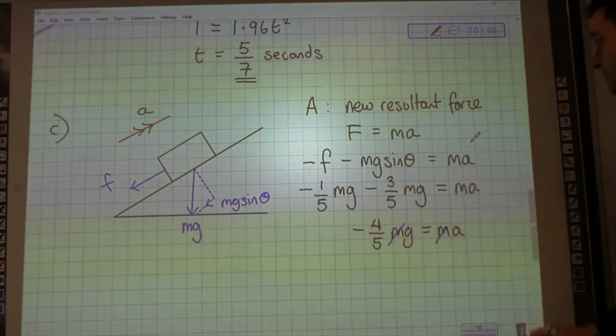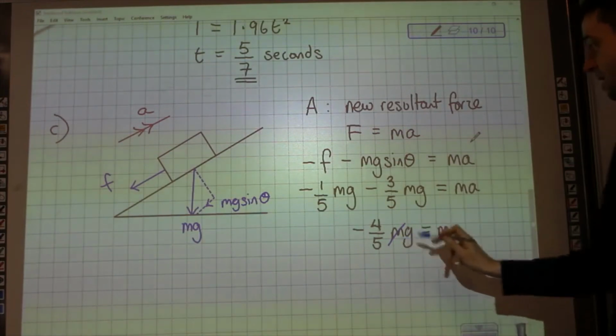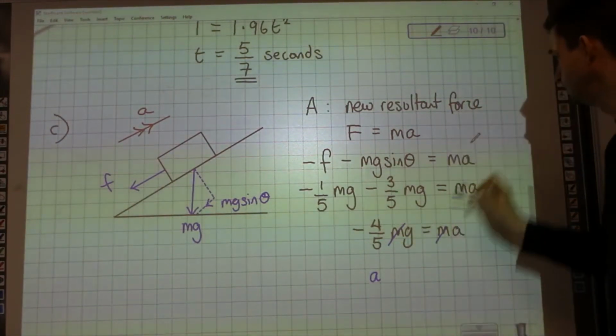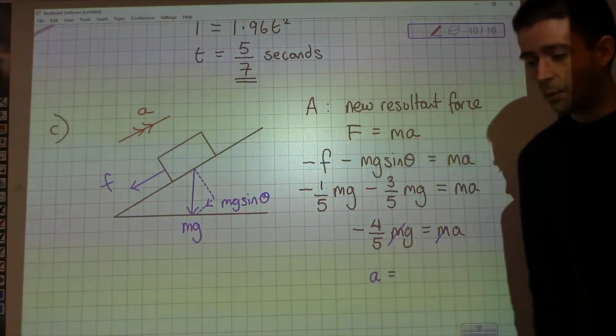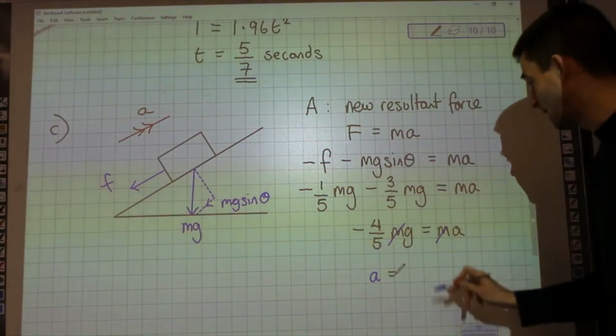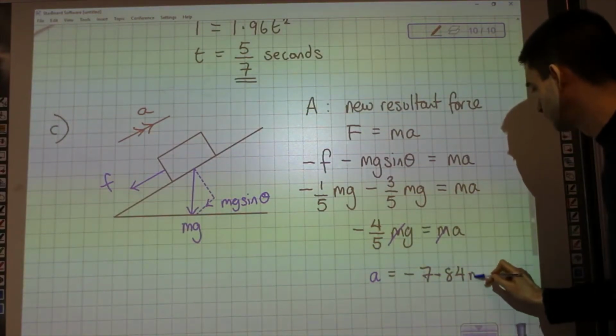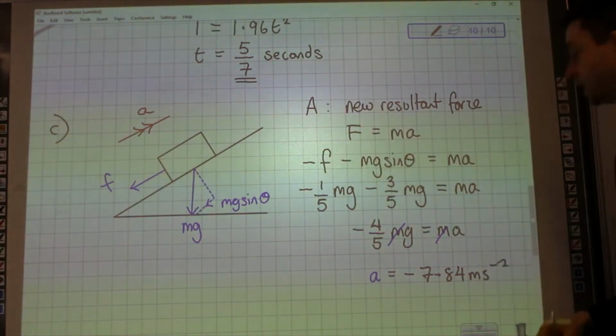We can cancel the m's, and we can say that a is negative 4/5 g, which means that a is negative 7.84.